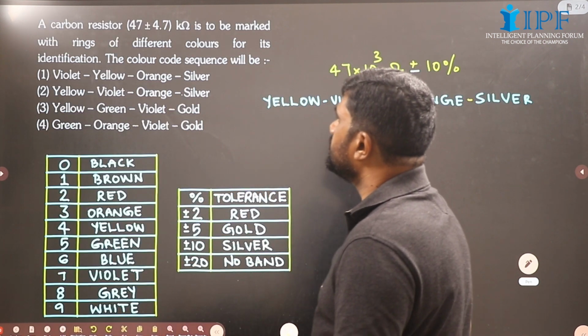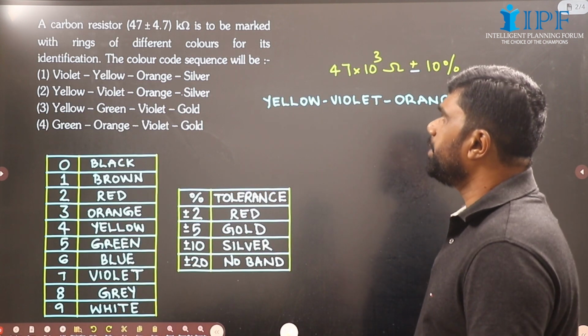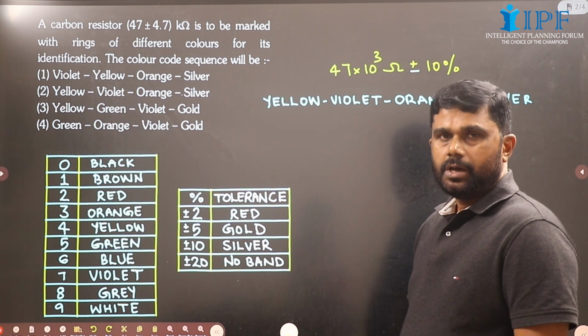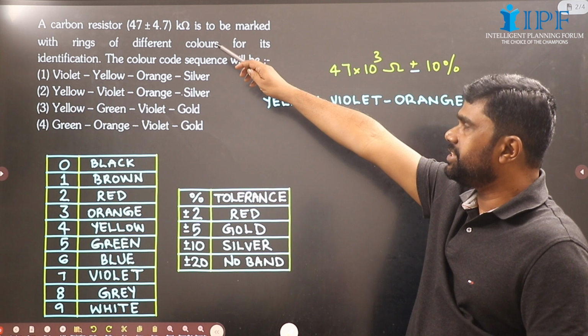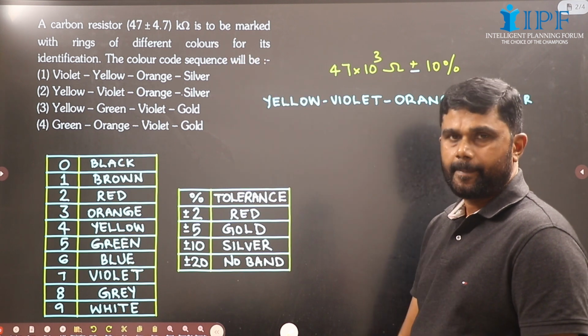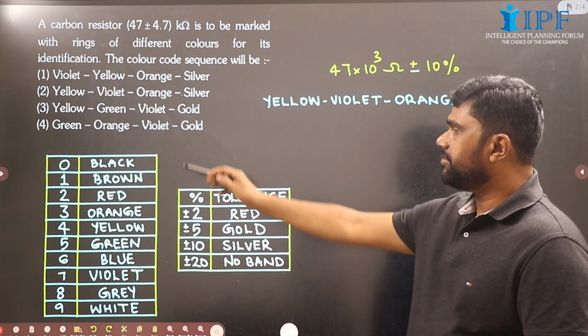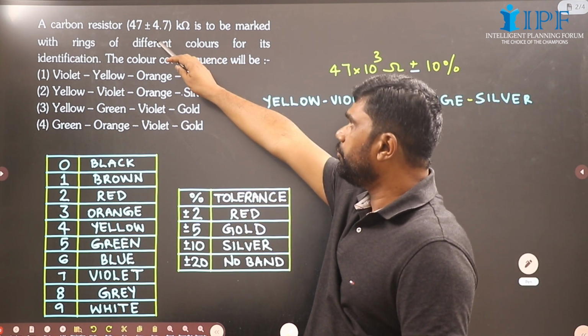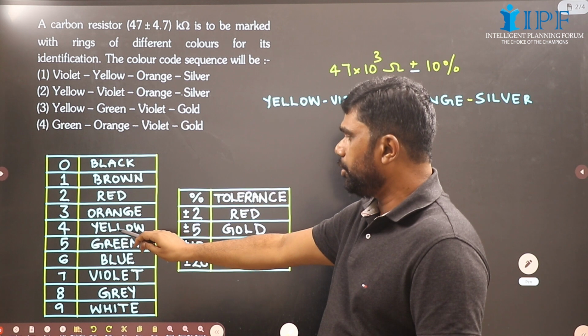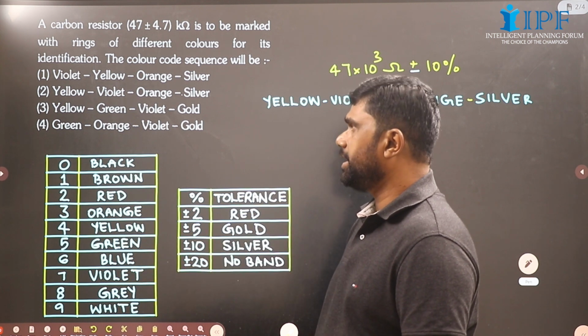Now see, a carbon resistor 47 plus or minus 4.7 kilo ohm means the percentage tolerance, that 4.7, is actually 10% of 47. Now here we have the color code. The 4 corresponds to yellow and 7 corresponds to violet.